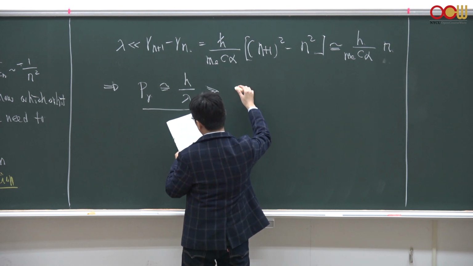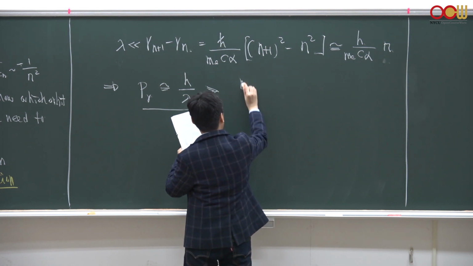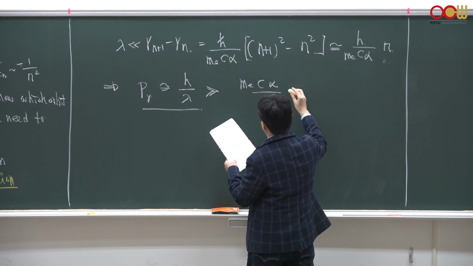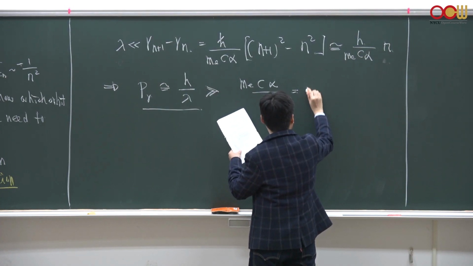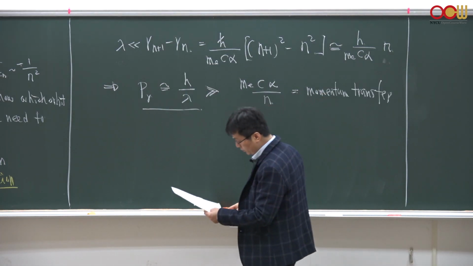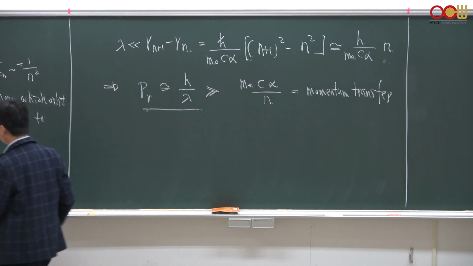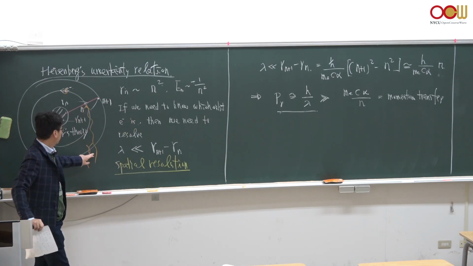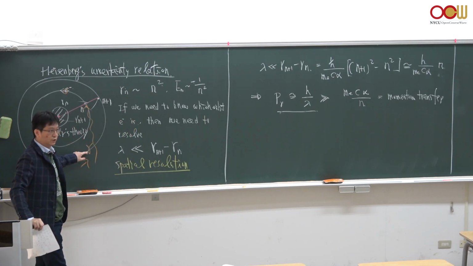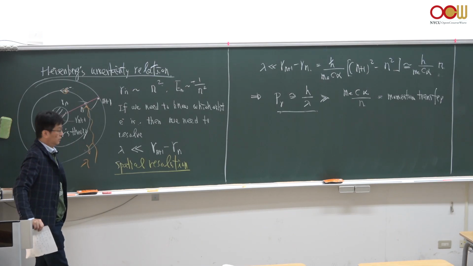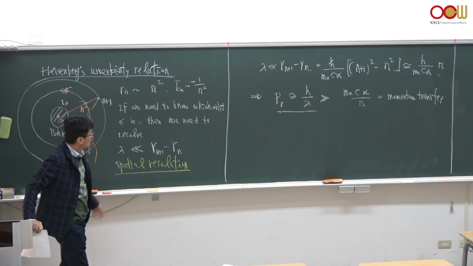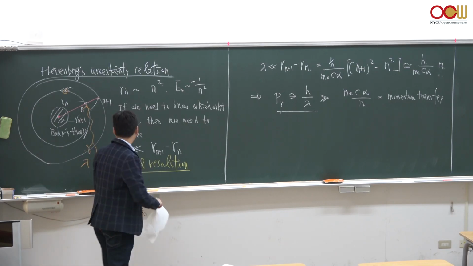So the momentum of the photon should be much greater than this, and this is the so-called momentum transfer. This momentum is carried by the incident photon to hit the target electron, right? So this momentum p gamma should be much greater than that value, okay?